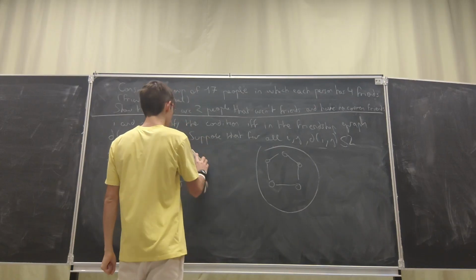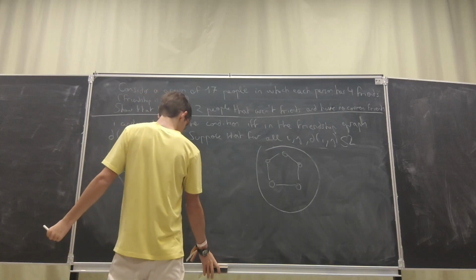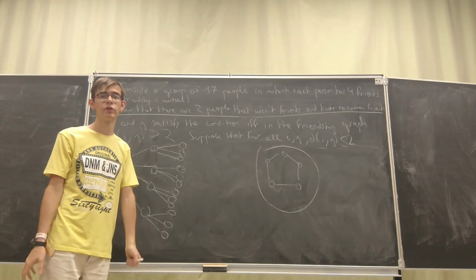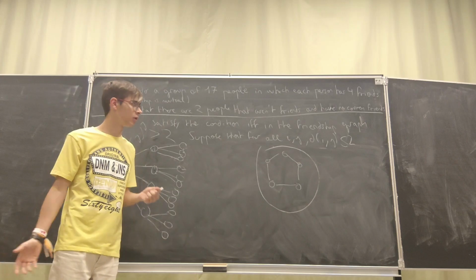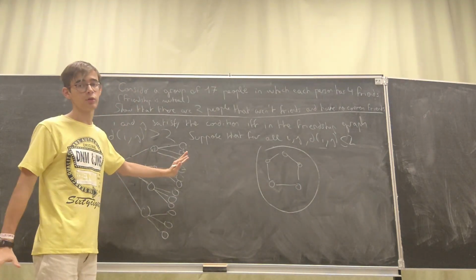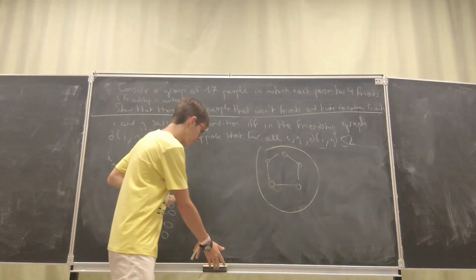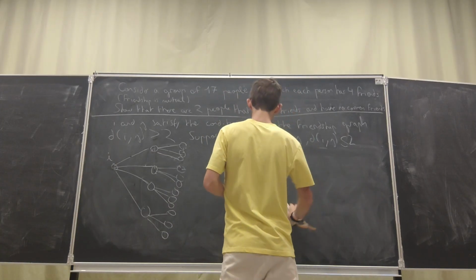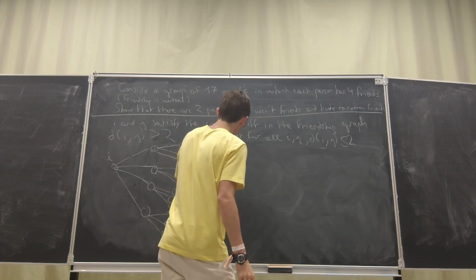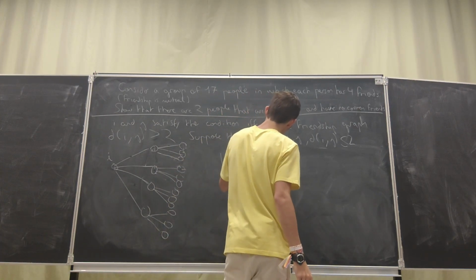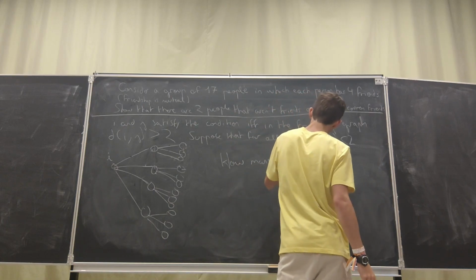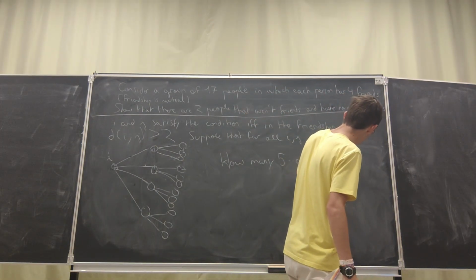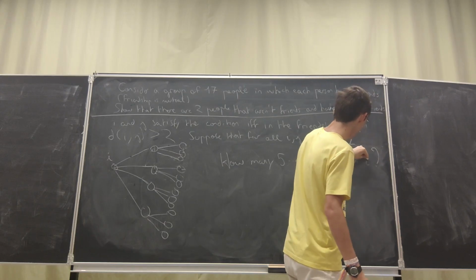So how are we going to use this? Well, this is where there's a little trick, which is not entirely obvious as to why we would do it. We're going to try and count the 5 cycles. So namely, we're going to try and find how many 5 cycles contain vertex number I, right?